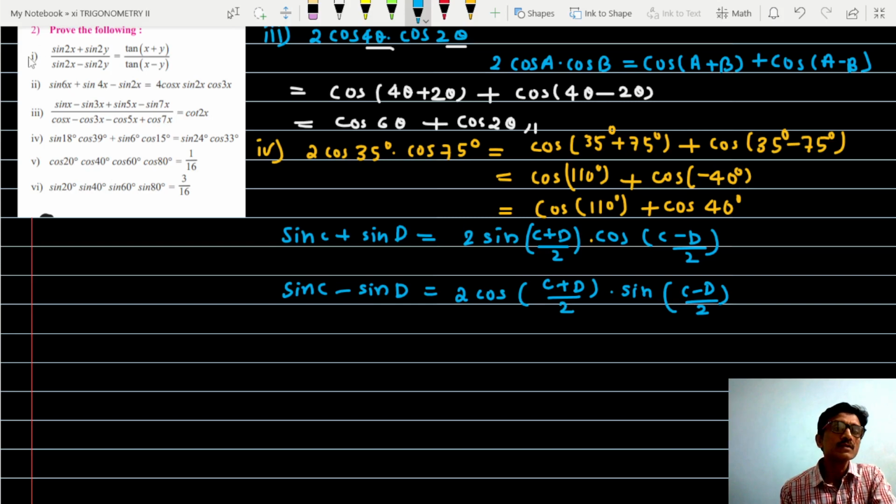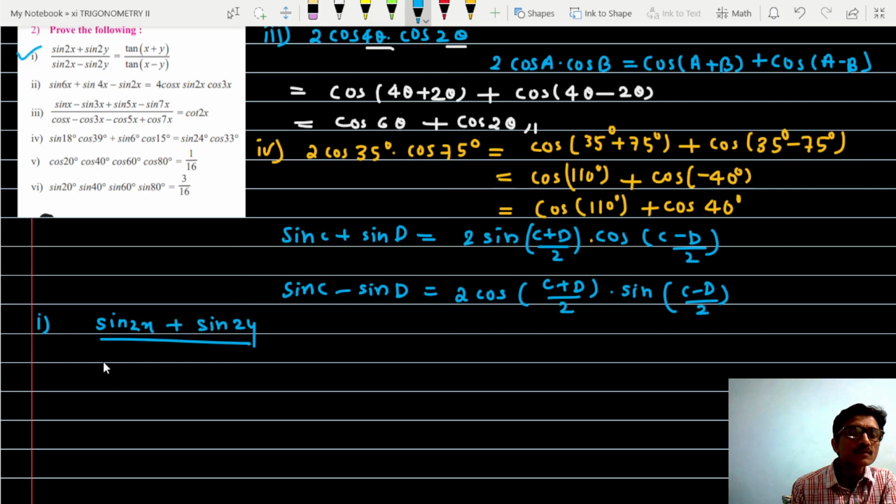So first question is this, question number 1, sine of 2x plus sine 2y upon sine 2x minus sine 2y.